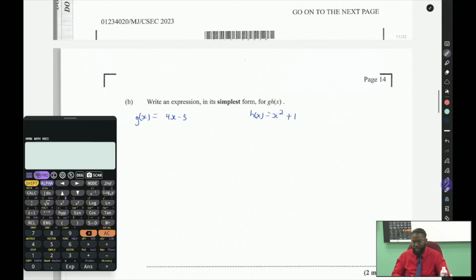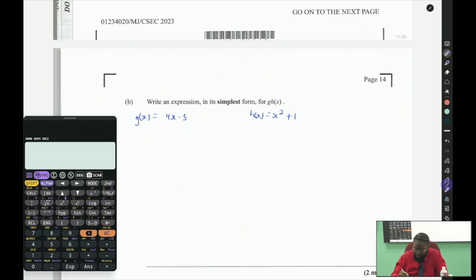Write an expression in its simplest form for g of h of x. All right. So g of x is equal to 4x minus 5, and h of x is equal to x squared plus 1. So we're going to put one function into the other function.